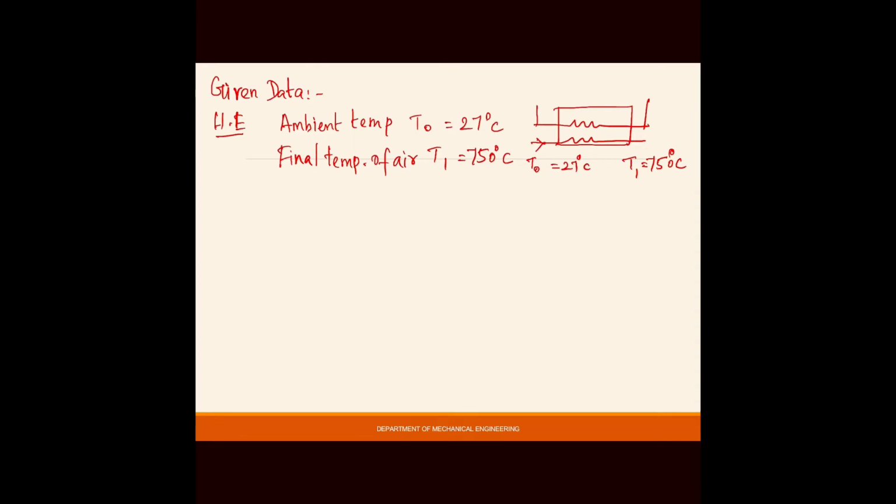Similarly, we have to write the gas turbine data. Here the inlet velocity of air in the gas turbine, V1, is equal to 50 meters per second, and the exit temperature of the gas turbine is T2.